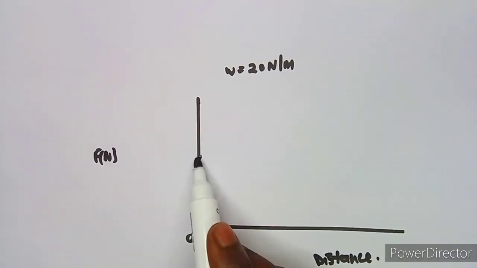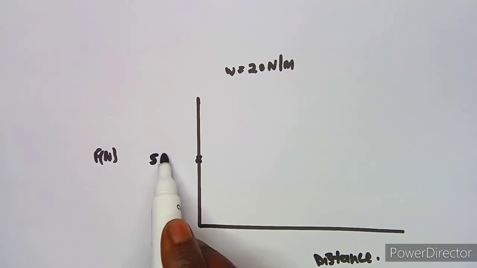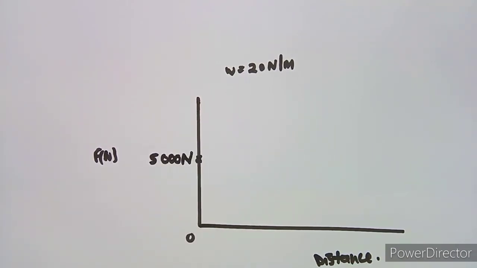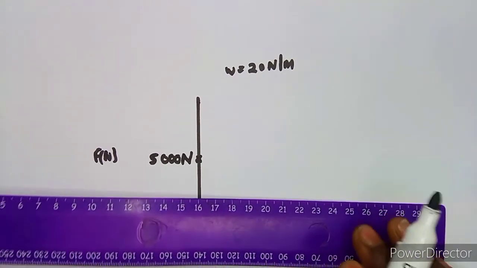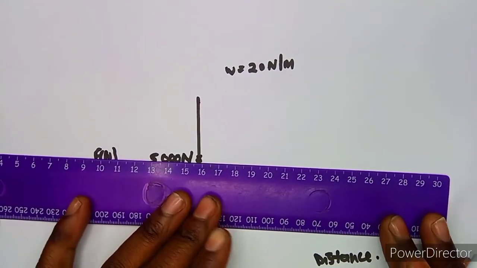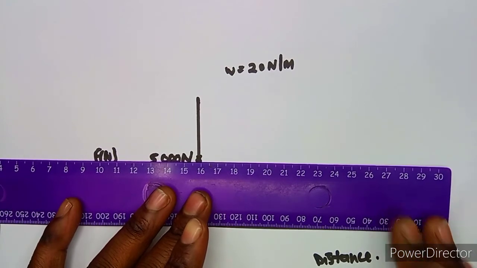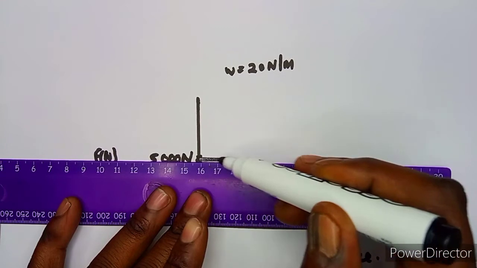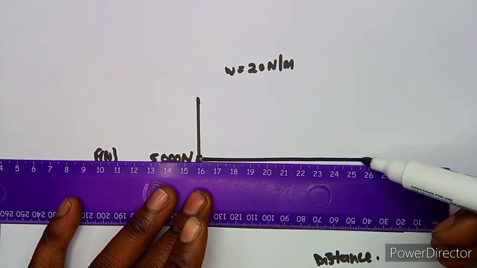So let's just say this is our force, where we've got 5,000 newtons in this case. So from this 5,000 you're going to move a distance of, let's say, this is just a sketch, guys, don't worry about this. We just say something like this.